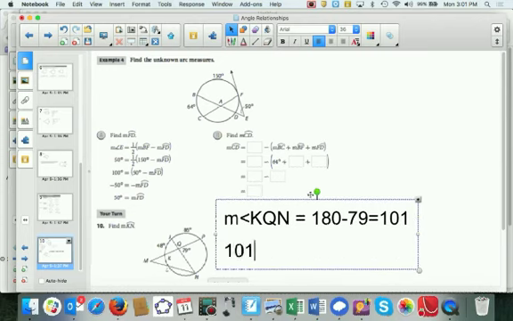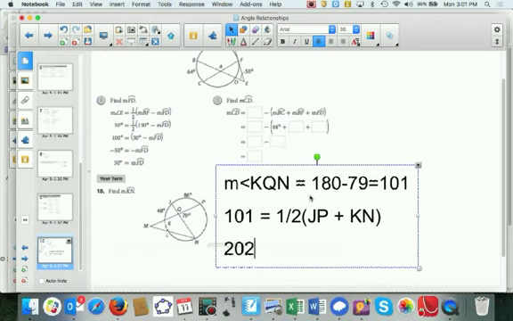When I take that and set it equal to 1/2 of arc JP plus arc KN, now I can find the measure of arc KN. Let's multiply the whole equation by 2 first to get rid of that 1/2. So that'll be 202 equals JP plus KN.